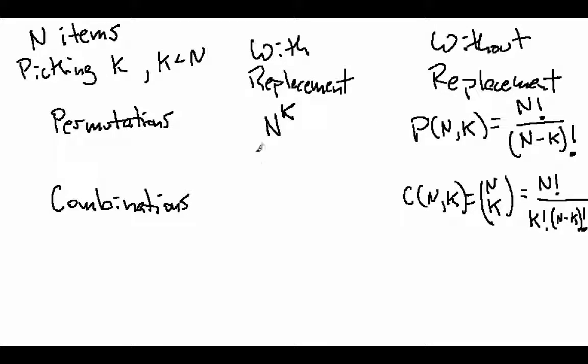And if it's with replacement, meaning we are allowing repeats, this is going to be n plus k minus 1 choose k, which is also equal to n plus k minus 1 choose n minus 1.